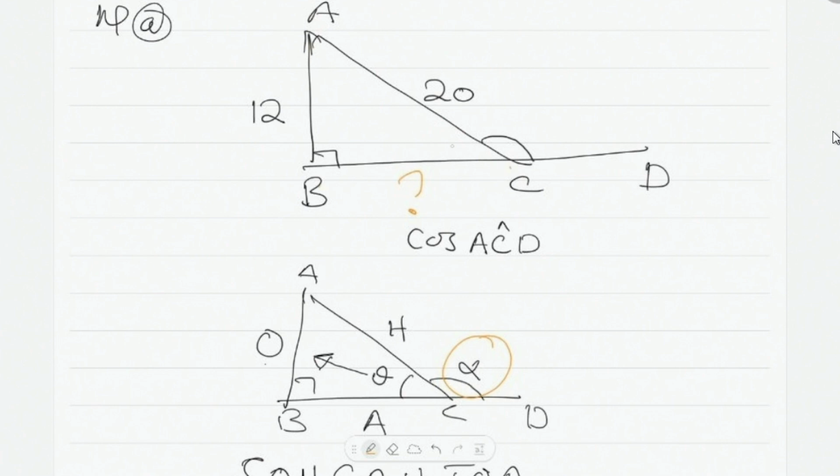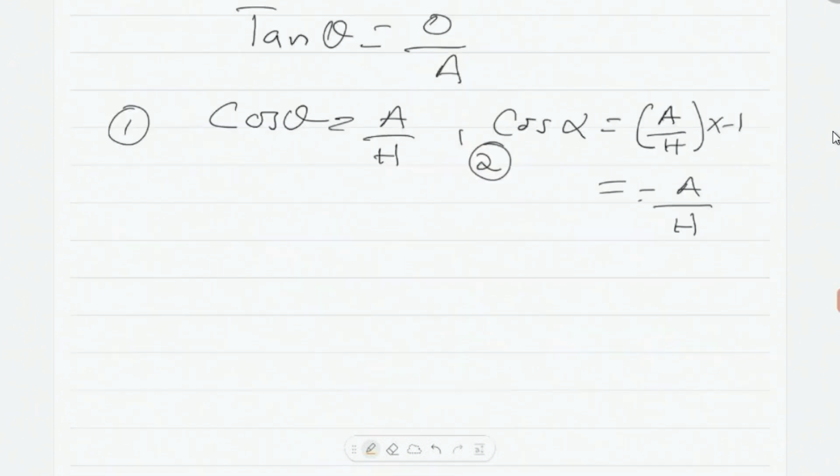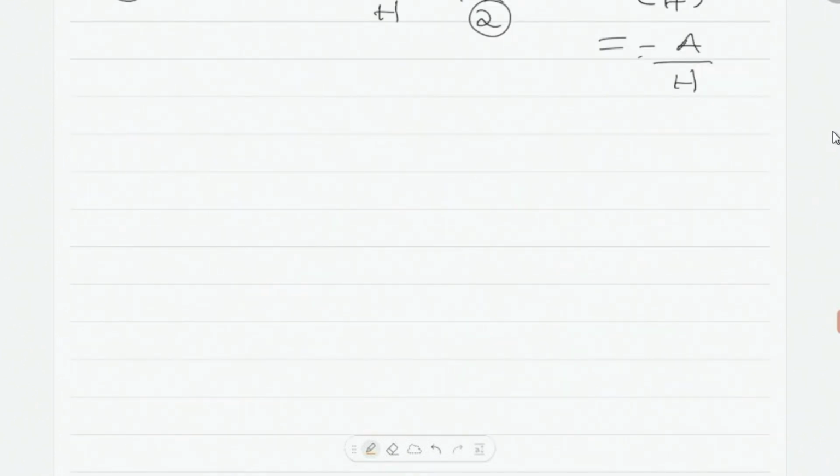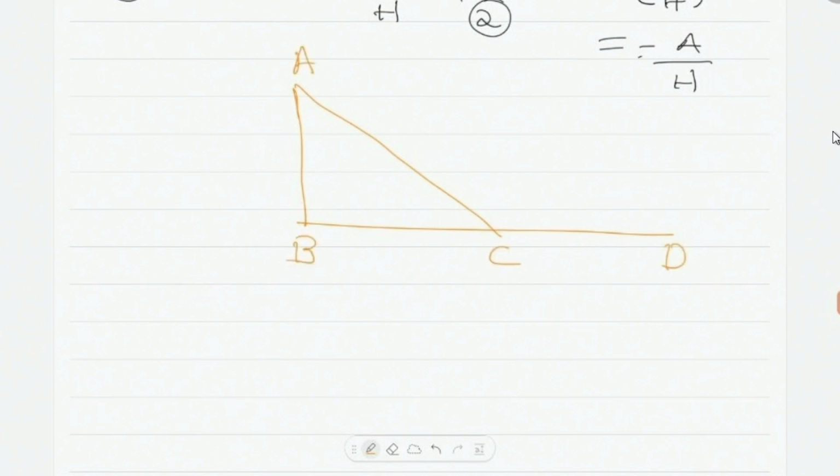So Pythagoras theorem states that the square of the hypotenuse is equal to the sum of the squares of the two adjacent sides. So what we are supposed to do now is, this is A, B, C, D. So this is 20 and we have 12. Then first of all, we are supposed to calculate the value of BC.